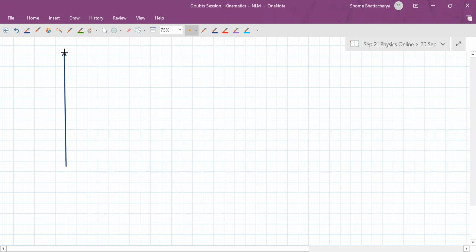So what is happening is that we have some kind of a coordinate frame given over here, and with relation to that coordinate frame, we have some kind of a surface.